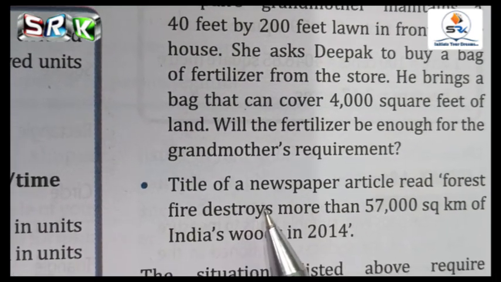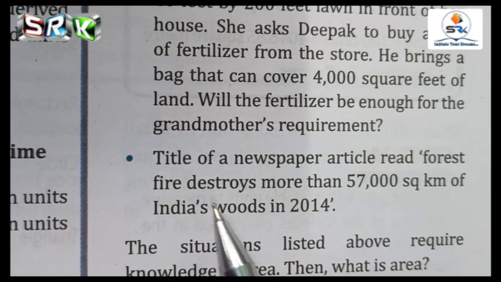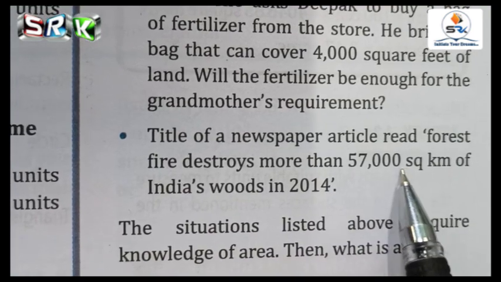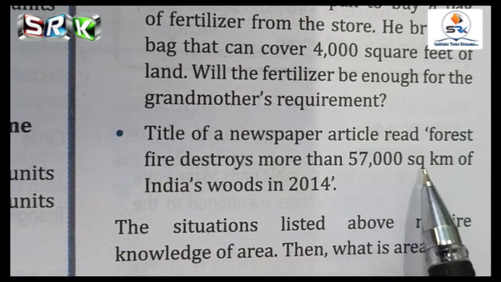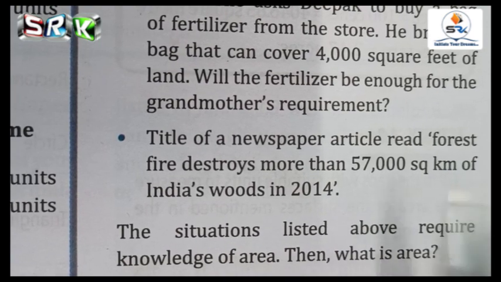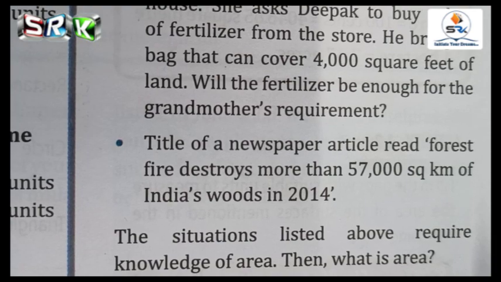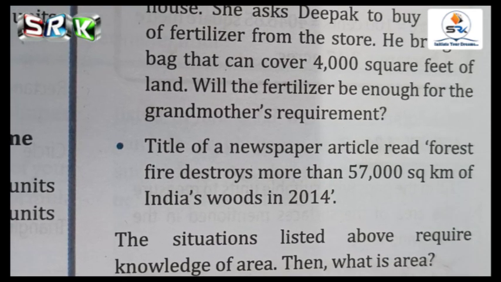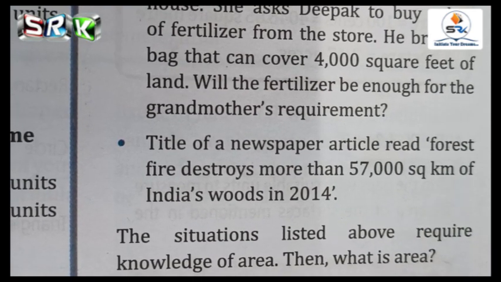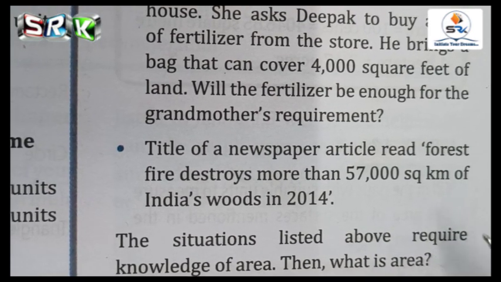The next example is the title of a newspaper article: forest fire destroys more than 57,000 square kilometer of India's woods in 2014. All these examples tell us the first thing you want to know: how much area is required. So what is meant by area?